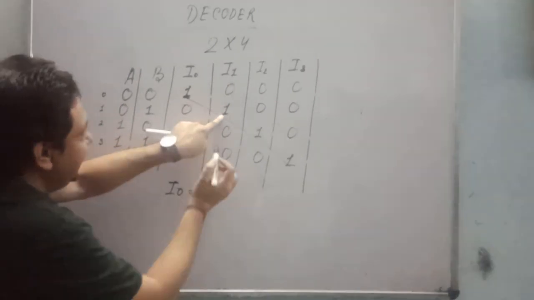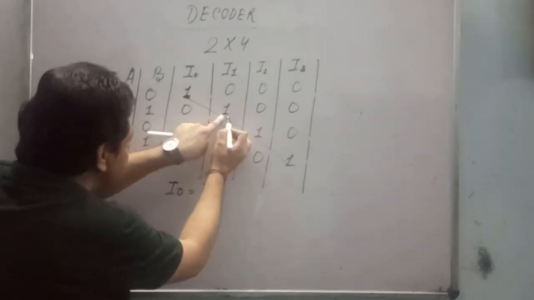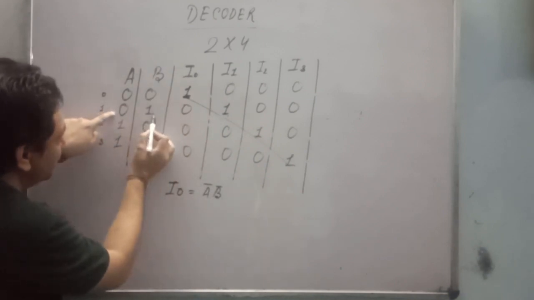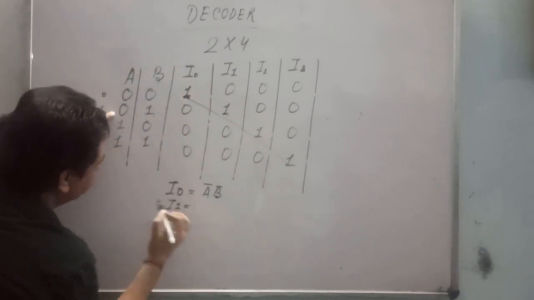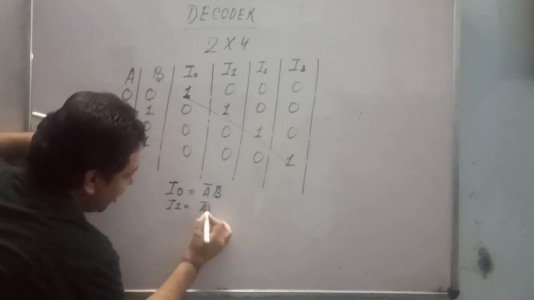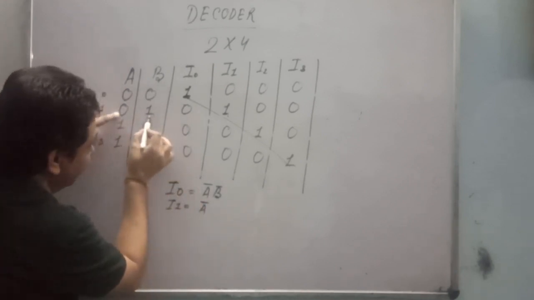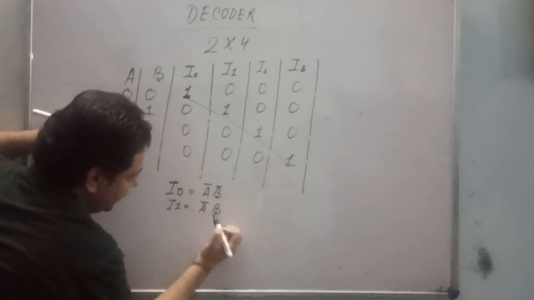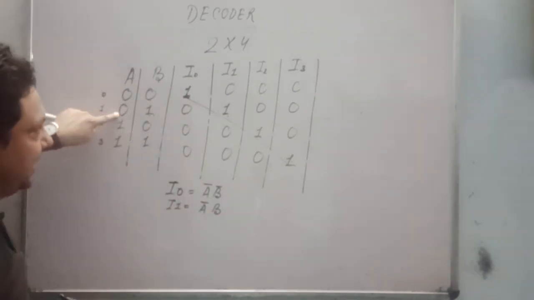In I1, 1 is coming here, so its corresponding bits are 0 1. So for I1, 0 has to be converted into 1, so A complement, and B is already 1, as we can see. So B we can write directly without taking the complement.